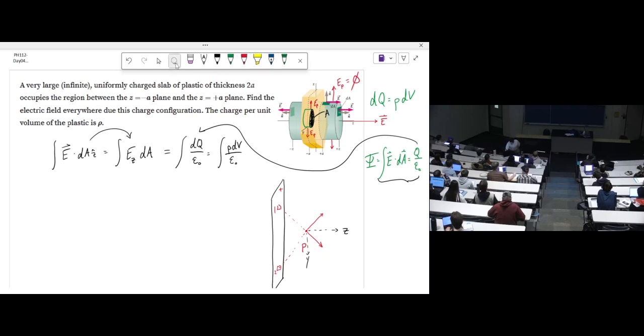And if I add those two vectors together, then what I get is the net electric field here is going to be only along the z direction. I can do that for any point in space, and I can do that for any pair of points on the plane.